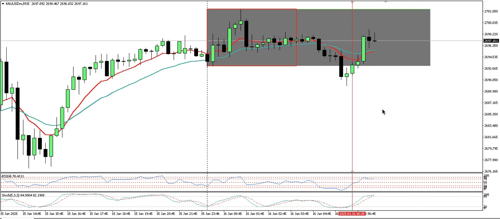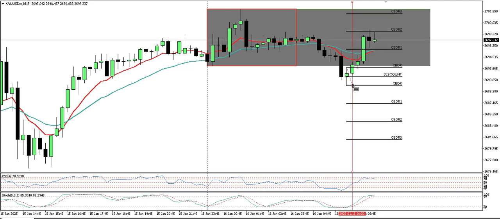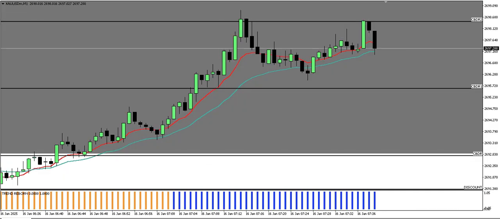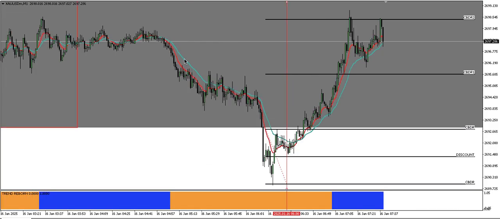So I am going to buy above that first candle. This is my range. I'm going to buy here.